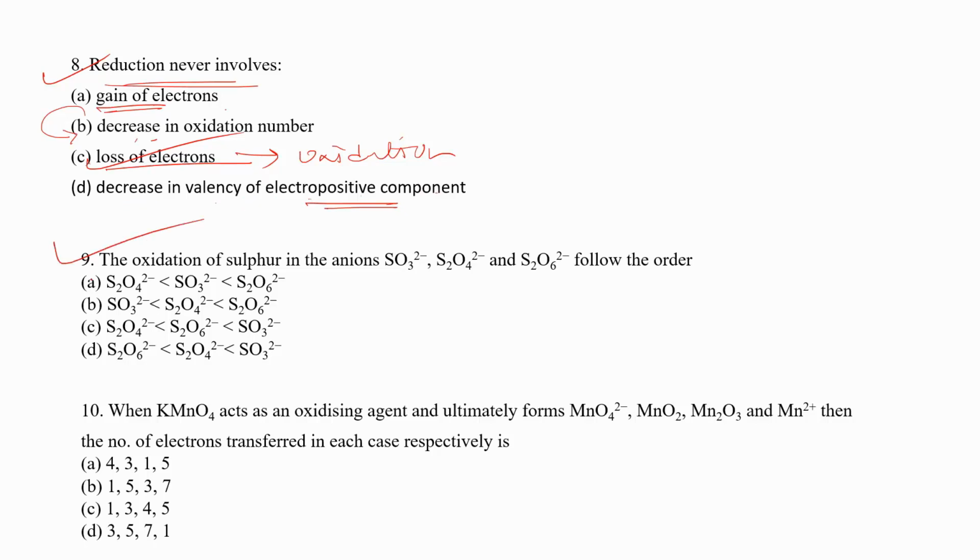Now question 9: the oxidation state of sulfur in these anions follows which order? We just have to calculate the oxidation number of sulfur in each case and see which has the higher positive oxidation state.